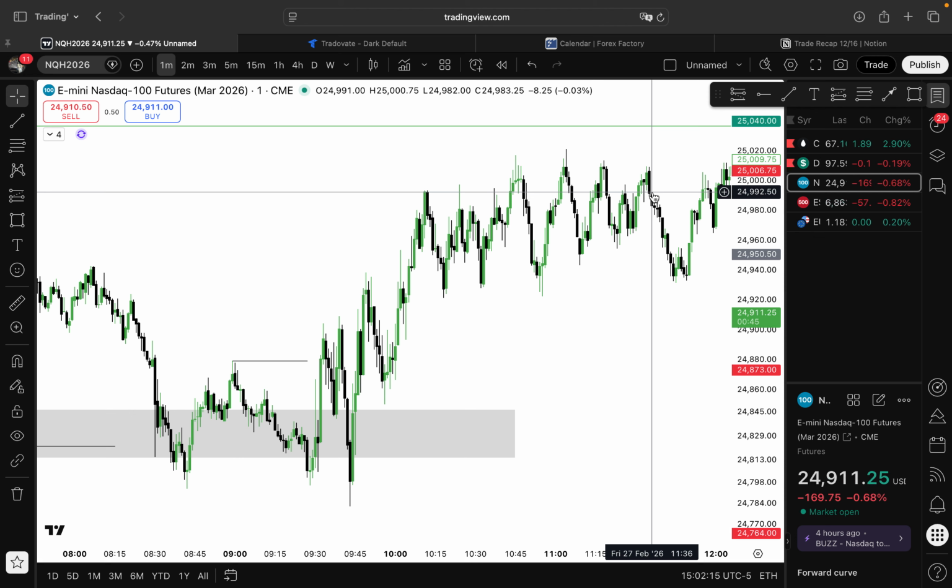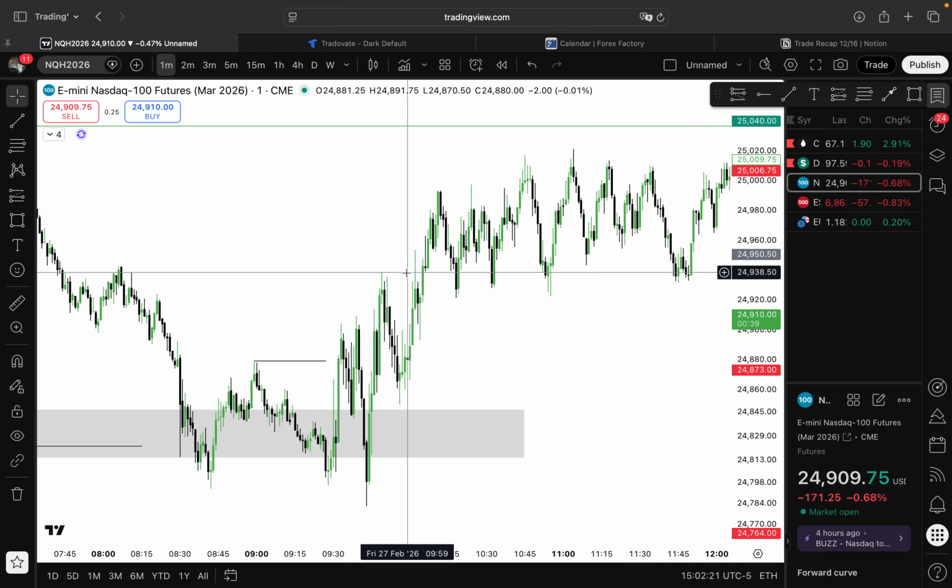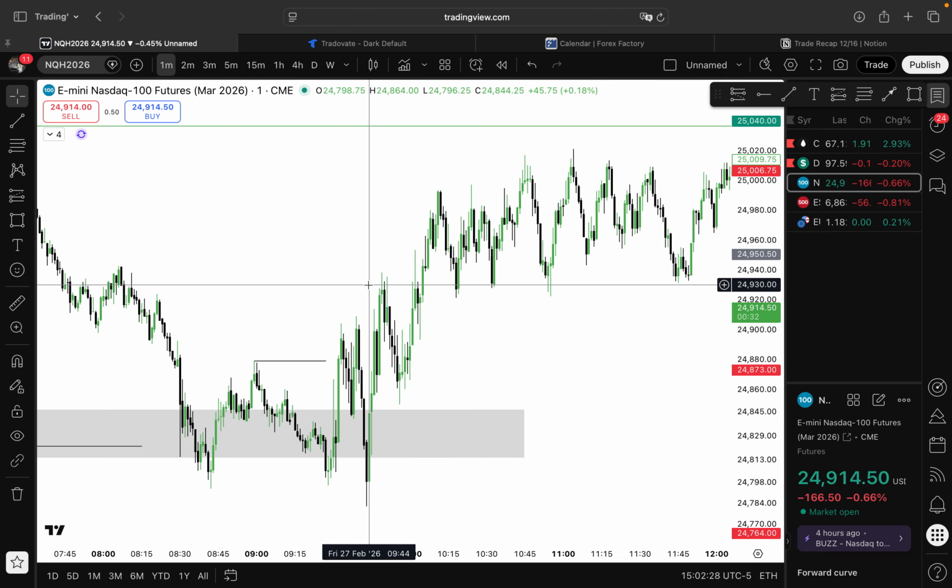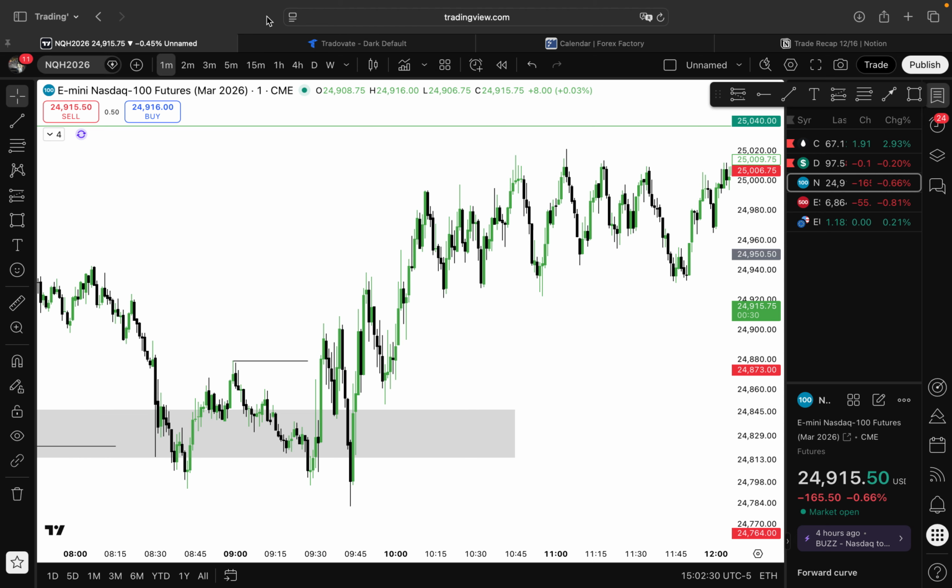Then I'd say you could take it at the 1 minute close, but the 2 minute didn't close. The majority of the time I wait for all closes, the 1 minute, 2 minute, 3 minute. It just depends on which time frame has the fair value gap and which one doesn't. But in this instance, the 30-second and the 1 minute have the inversion fair value gap.